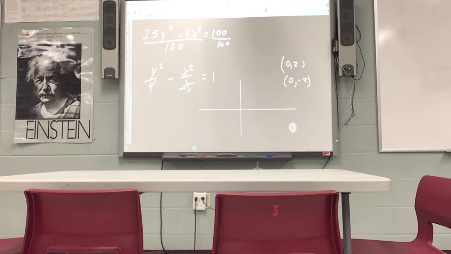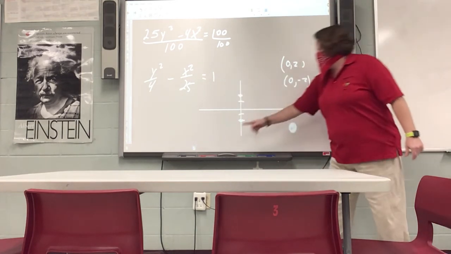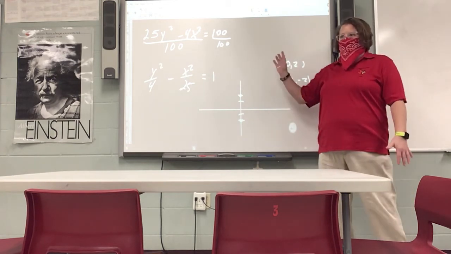I'm going to go over 0 and up 2. Then I'm going to go over 0 and down 2. So we've got a pretty good idea of what our hyperbola is going to look like. Because I showed you those examples on the opening screen, it's going to have a curve there and a curve there, because it's vertical.